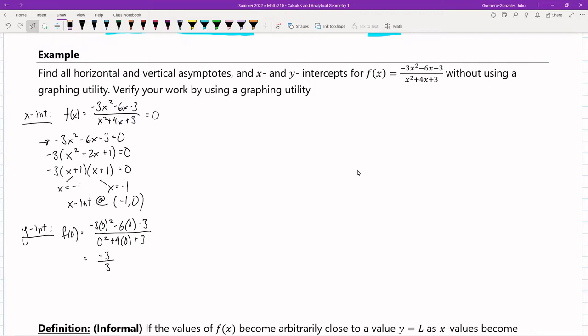That's -3 over 3, which is -1. So my y-intercept is going to be at (0, -1).